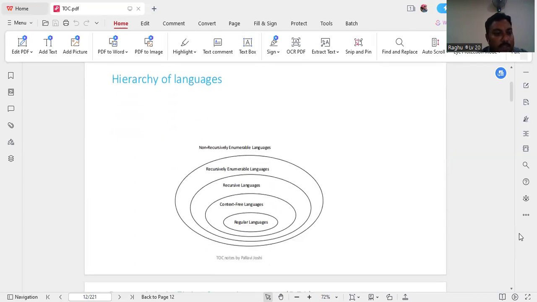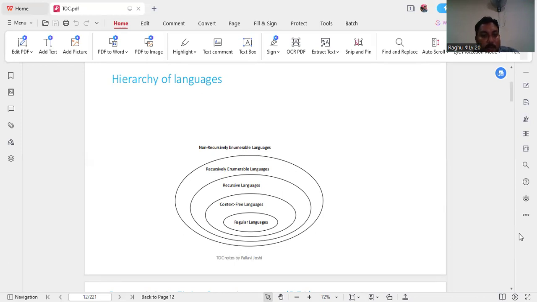And this is the language hierarchy diagram. So I said that there are 4 types of automata and there are four types of languages and 4 types of grammars, right? So coming to the automata, I said 4 types. First one is the finite automata, and pushdown automata, linear bounded automata, and Turing machine.